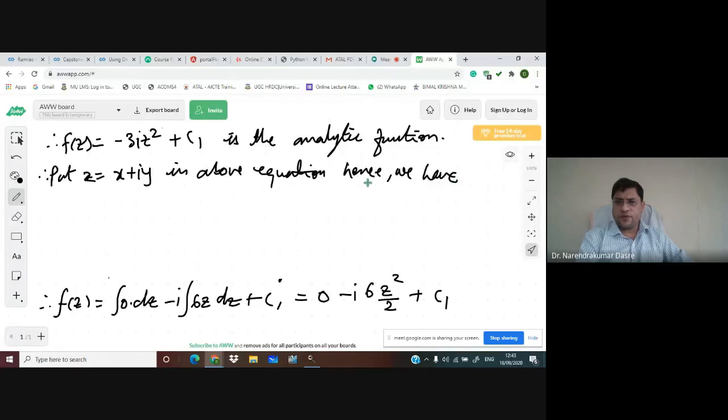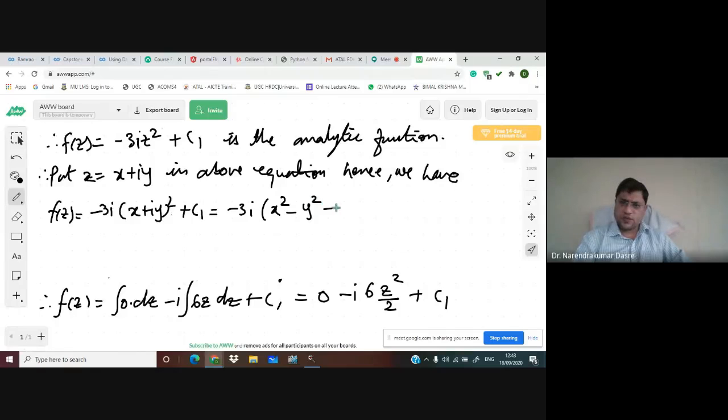So f of z is equal to minus 3i, x plus iy bracket square, and here we have to be careful that we must write plus c1. So this is minus 3i times x square minus y square plus 2i xy, plus c1.